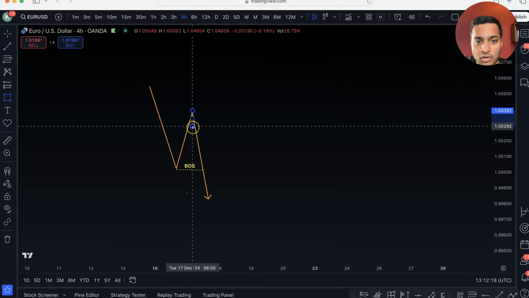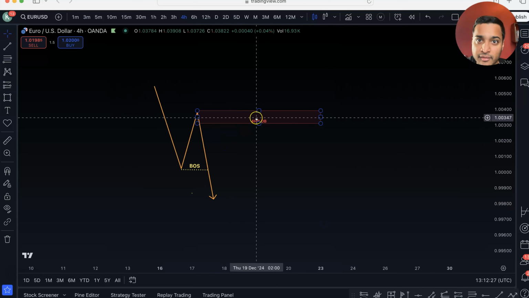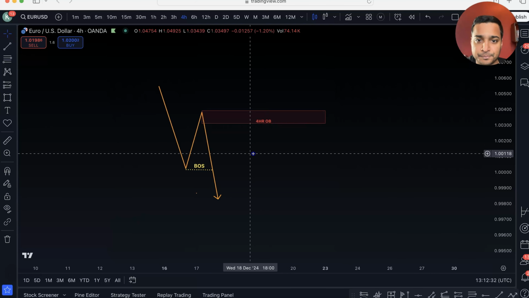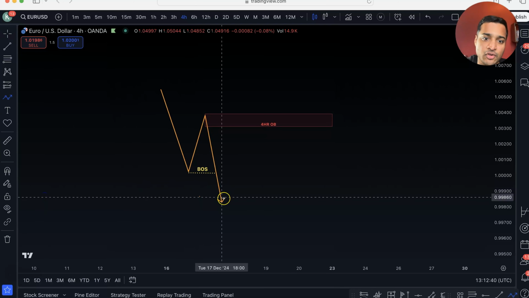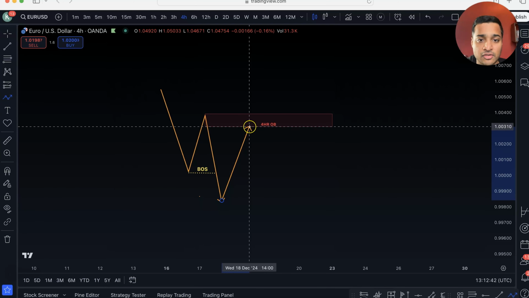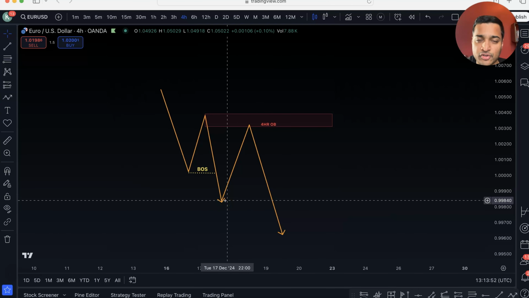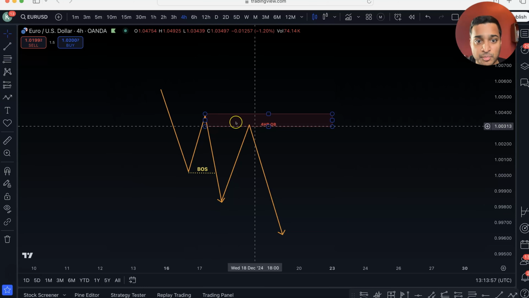So I would mark it around here. On a downtrend, an order block I call a supply. Of course, I've put the time frame here, but the same principle applies to any time frame. As price reacted here initially, if price goes back up here again, we could get another sell position here once again.